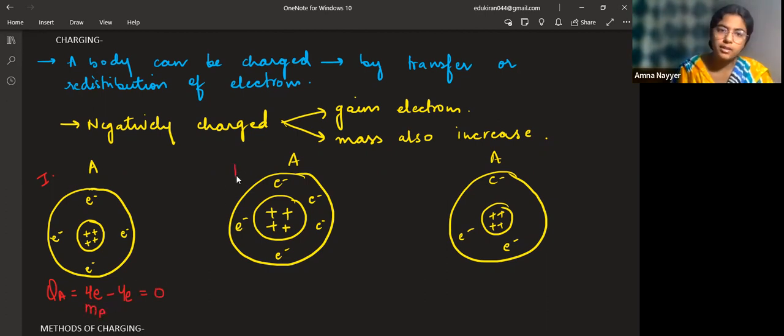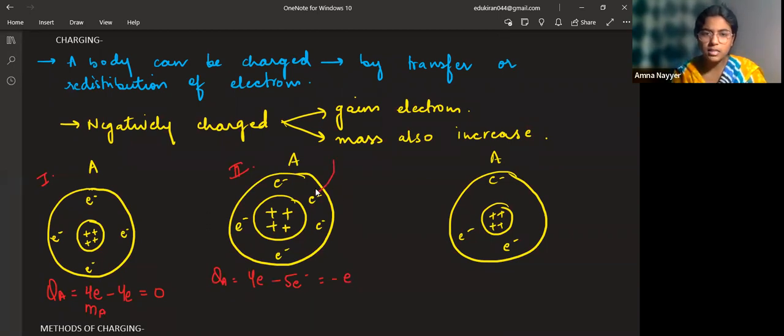Come to the second one. How many protons are there? 4 protons are there. And how many electrons are present? 5 electrons are present. So this time it becomes 4 protons, that is 4e, minus 5 electrons, so that becomes minus e. See, by calculation also you can see 1 extra electron is present this time.